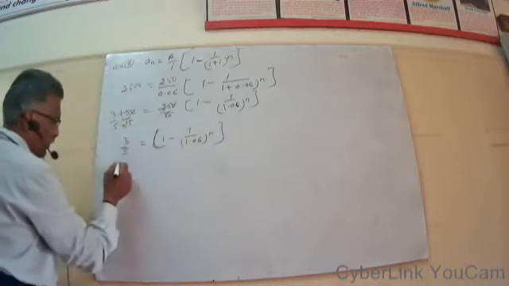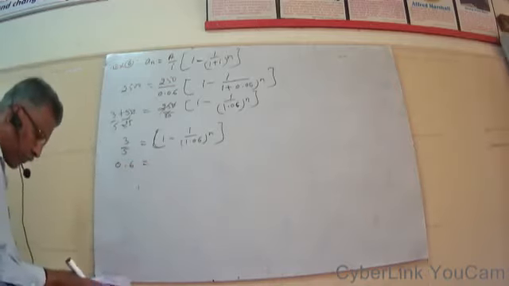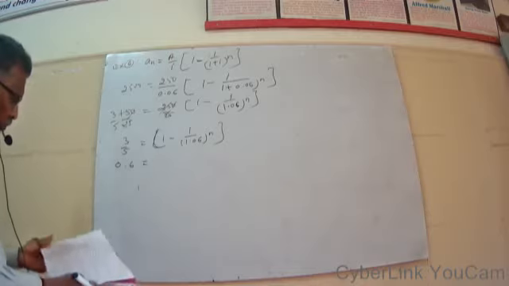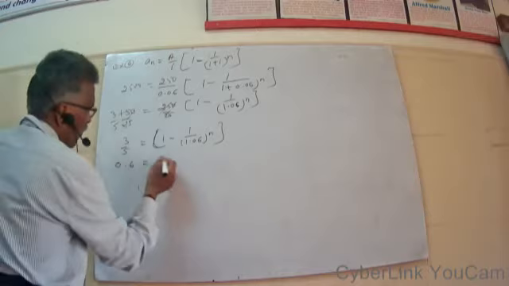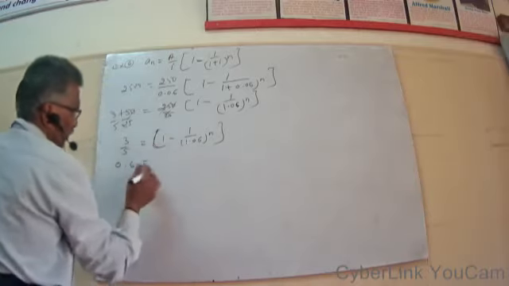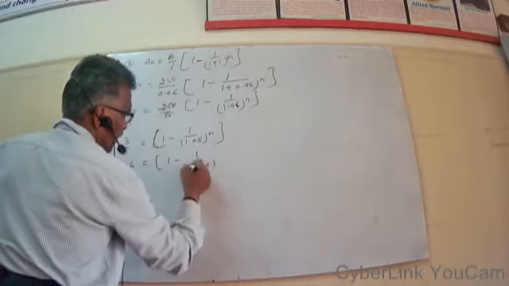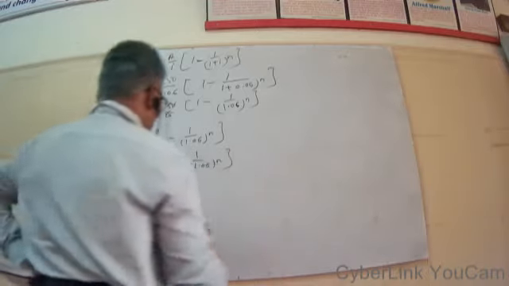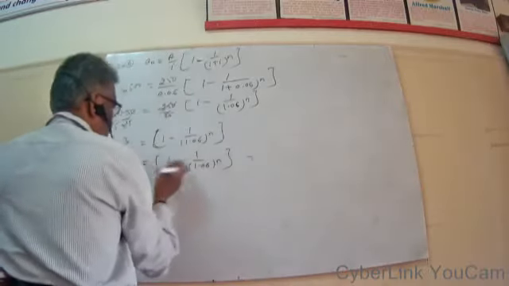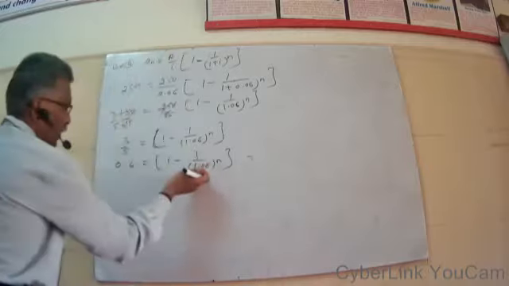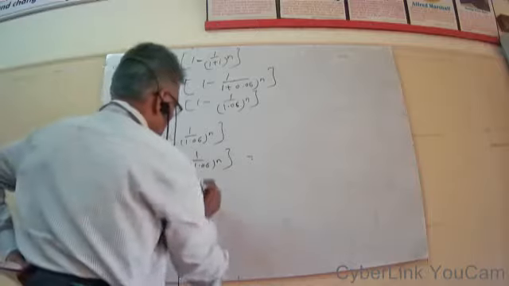So 3 by 5 is 0.6. So 0.6 equals 1 minus 1 upon 1.06 raised to n as it is, or I can shift this to the left side and this to the right side. Then there would be a change in sign.